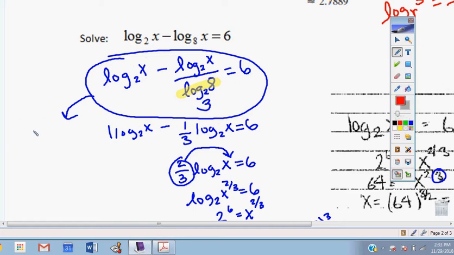Okay. So another way to process this problem right here would be to look at this problem as subtraction of logarithms with the same base, right? So what I can think about it is log base 2 of x on top, and then what would be on the bottom? Well, what does this really say right here?